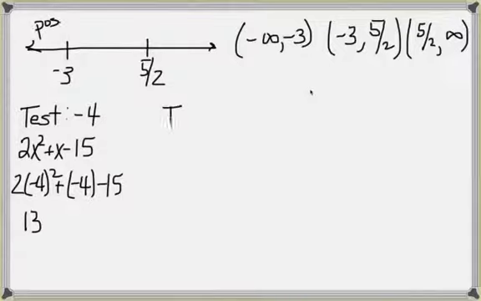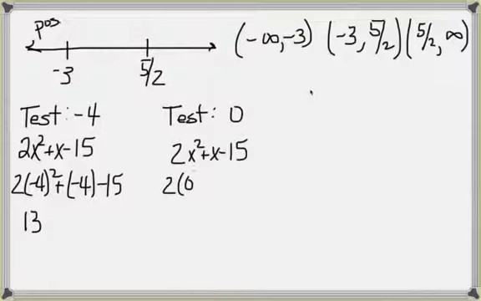Again, testing another point from the second one. Let's test 0. Again, it goes right into that original function that we started out with. So I'm just plugging in 0 this time for the x value. And I get negative 15. So for this interval, I have a negative answer.